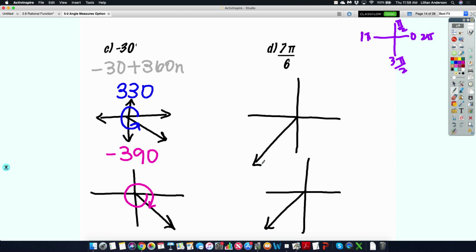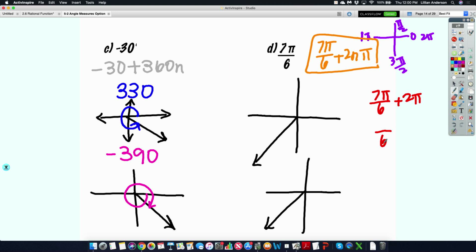Now, how do I represent all coterminal angles to that? 7 pi over 6 plus 2n pi. Very good. Somebody give me a positive coterminal angle. 1. Okay, and then when I plug 1 in, what was the angle? 19 pi over 6. Very good, because it would have been 7 pi over 6 plus 2 pi.